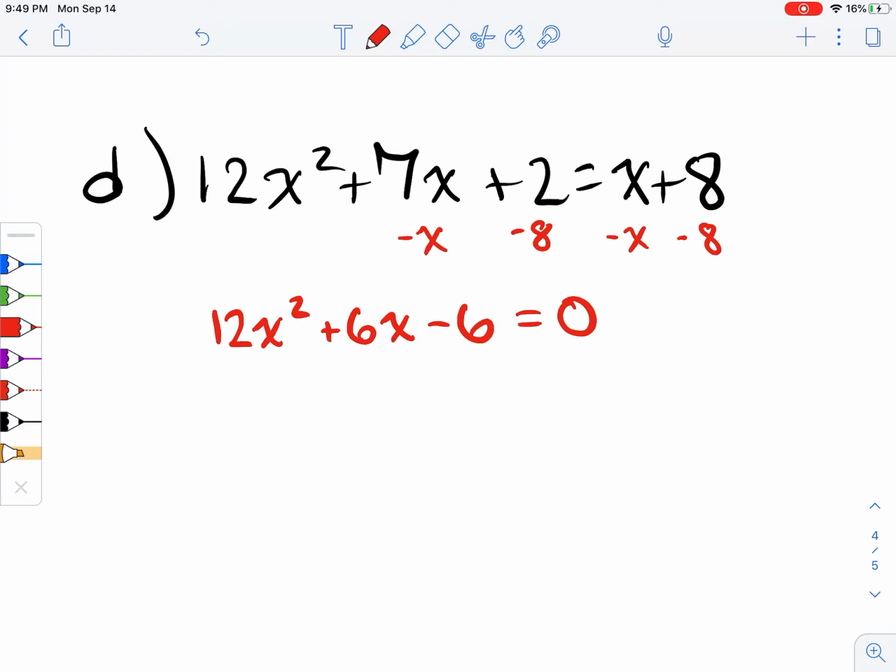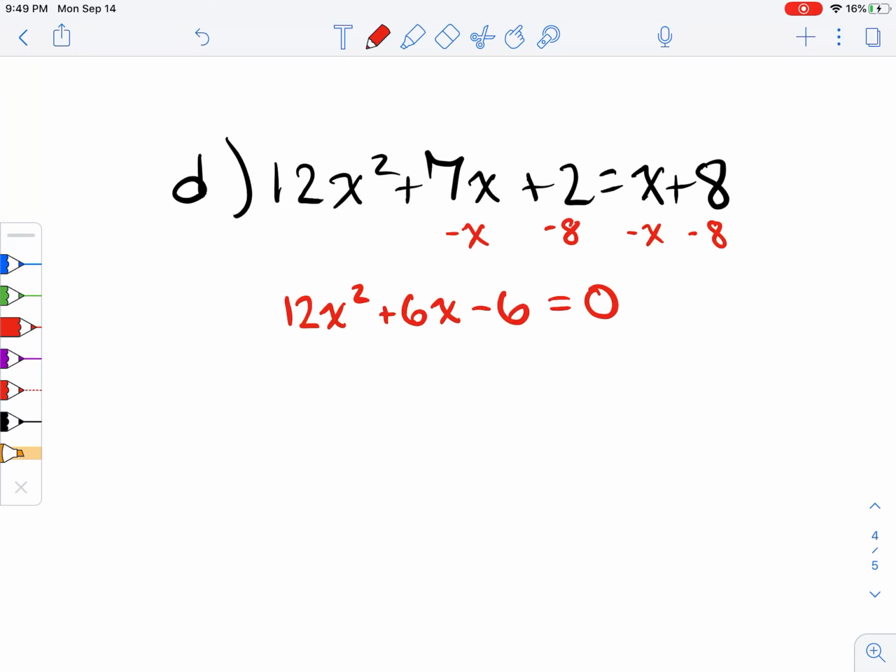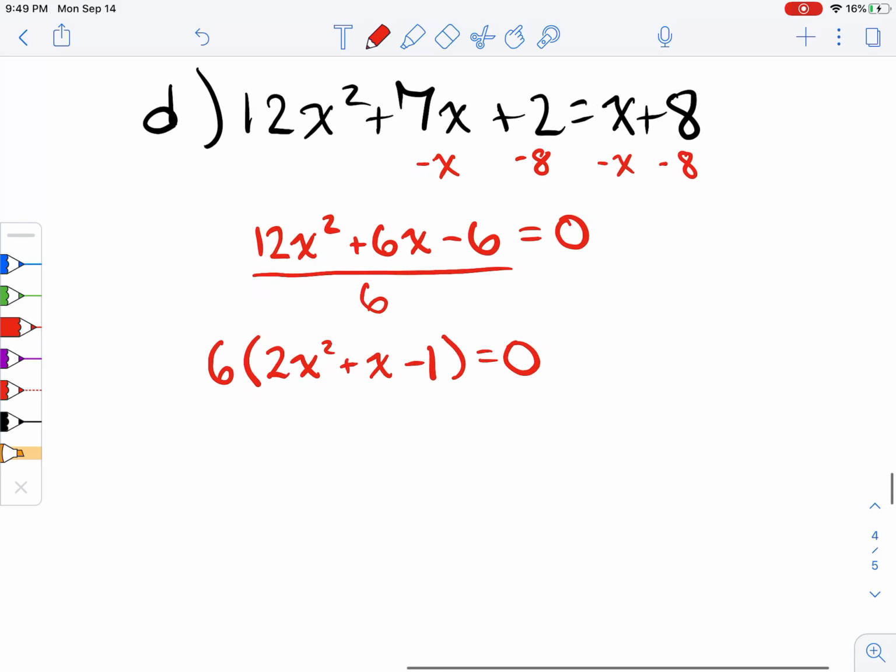Okay, so it's important to always have this in standard form before you solve or before you factor. Once I have it here, again, I'm going to notice that I have a common monomial happening. So I'm going to actually factor out a 6. So then I'm left with 2x squared plus x minus 1 equals 0.